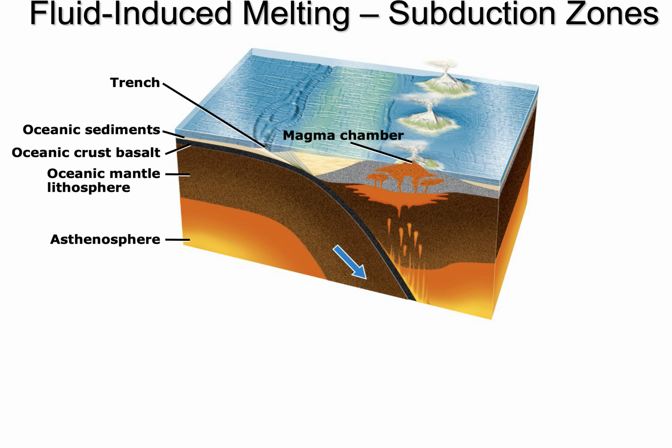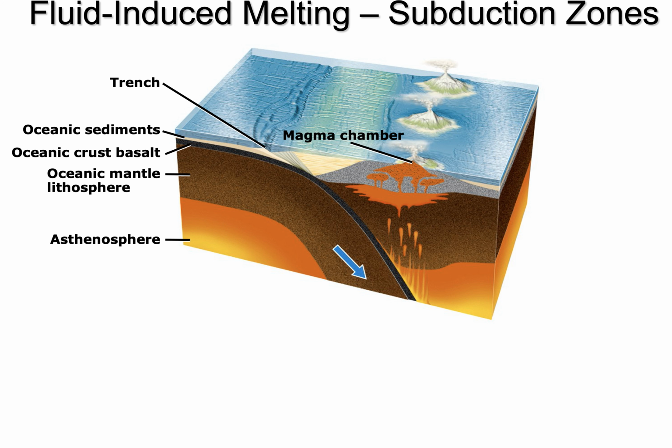So then we have the next picture here. That was before, the formation of melt at the spreading centers. Here we are talking now about the fluid-induced melting in subduction zones. So we have here a typical cross-section through a subduction zone. We have here the trench.